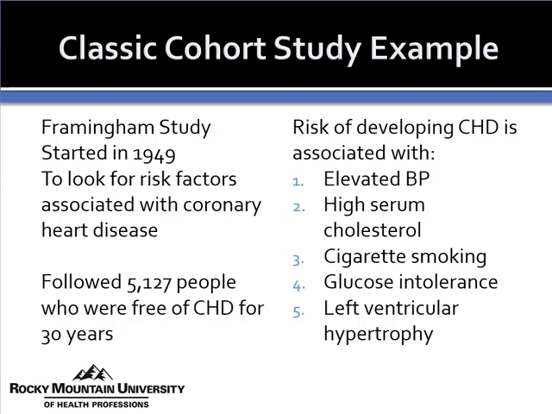They're now on to, I think, the 3rd or 4th generation of individuals, and they continue to follow this population within Massachusetts to look to see what increases the risk of coronary artery disease or heart disease. And some of the things that they found included elevated blood pressure, high serum cholesterol, cigarette smoking, glucose intolerance, and left ventricular hypertrophy.